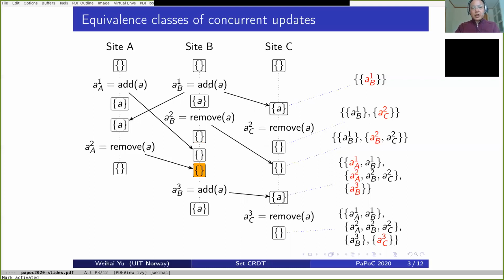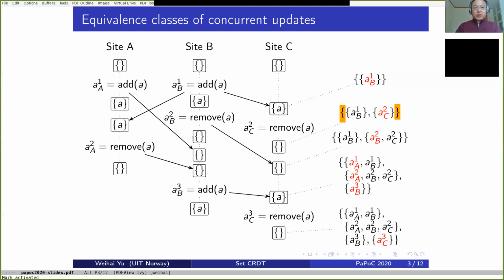For instance, if a single update has been applied to the state, we have a single equivalence class that consists of a single update event. If from this state we apply a removal update, we now have two equivalence classes. Each has a single update.